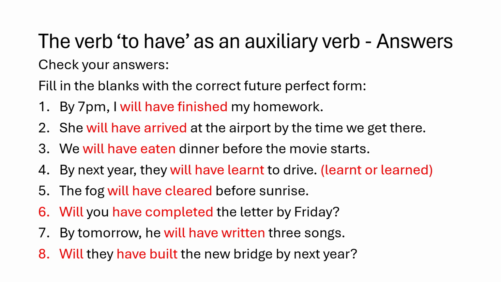Check your answers. 1. By 7 p.m. I will have finished my homework. 2. She will have arrived at the airport by the time we get there. 3. We will have eaten dinner before the movie starts. 4.